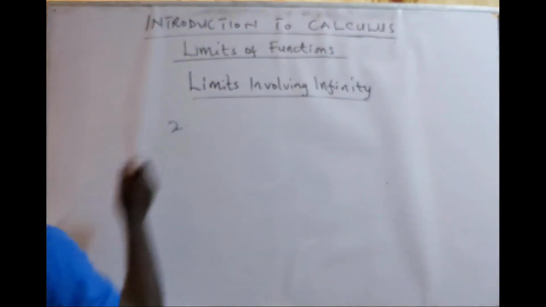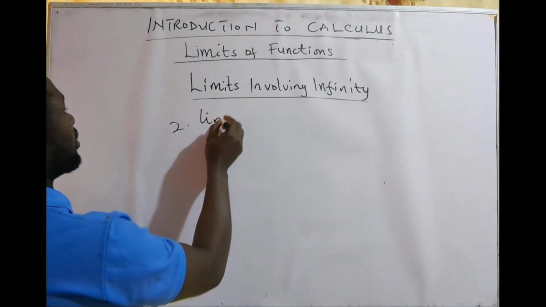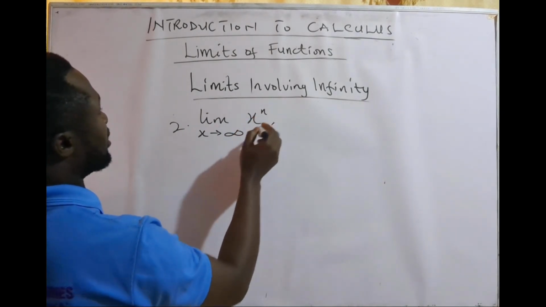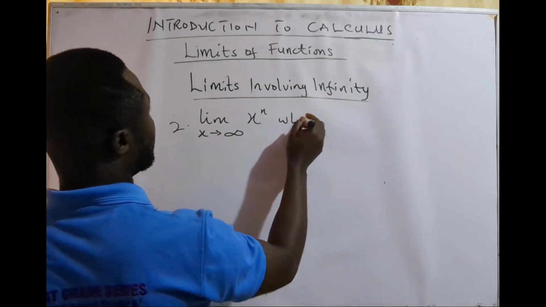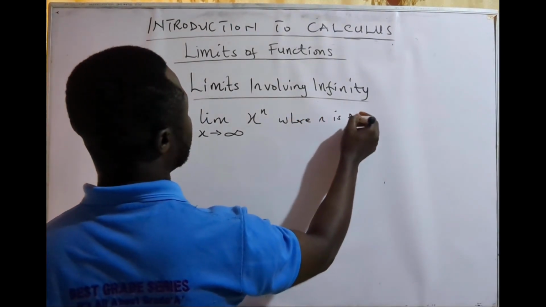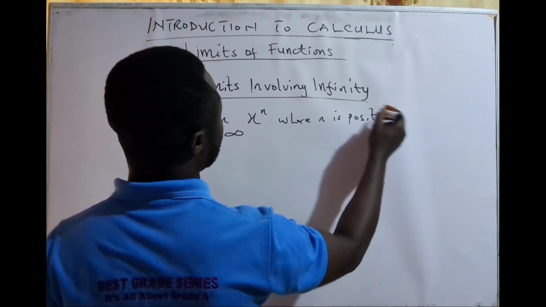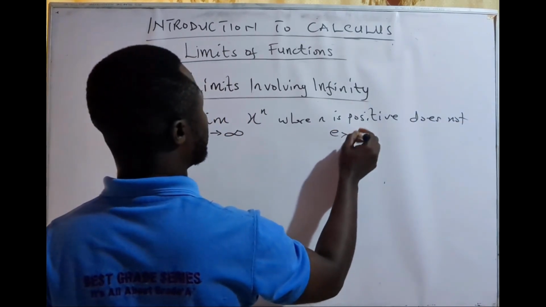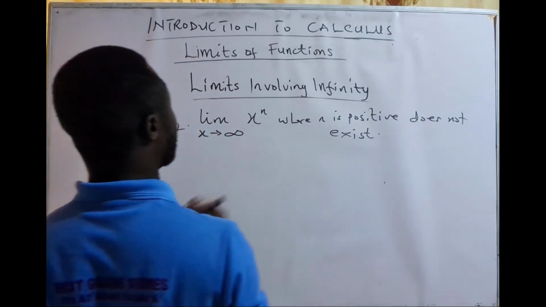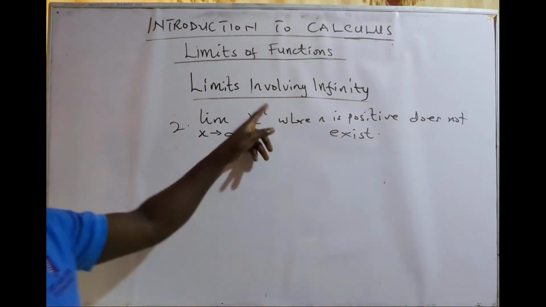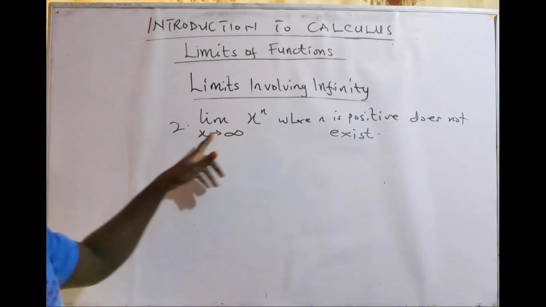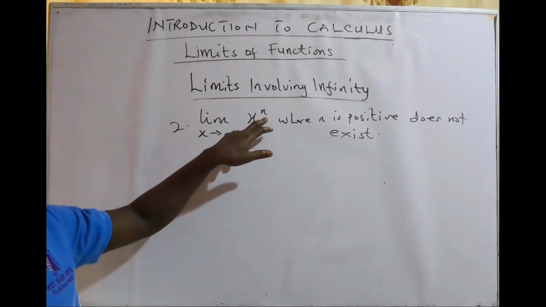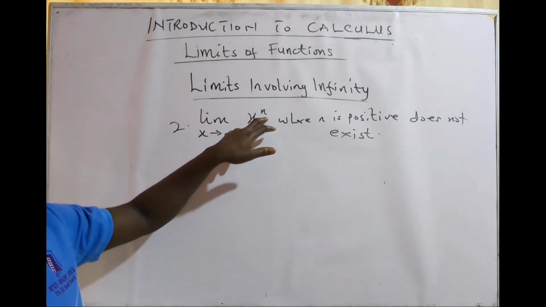Number 2, let's also take note of this. The limit as x approaches infinity of x exponent n, where n is positive, does not exist. So we have a limit of a function x exponent n where x approaches infinity and the exponent is positive.